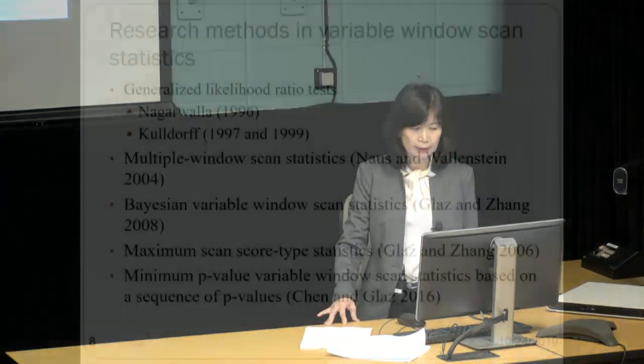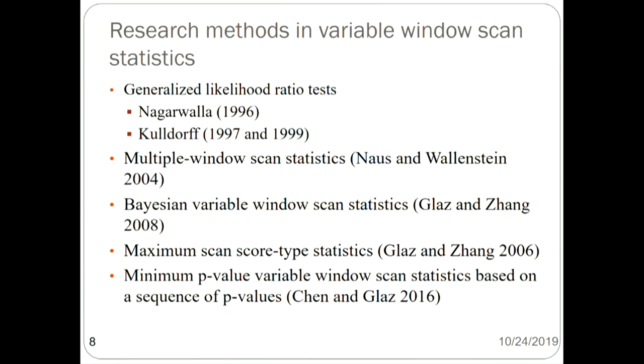One is the cutoff type scan statistic, then the minimum p-value variable window scan statistic, and the third type is the Bayesian type of scan statistic. We will use those three types to test the randomness of clustering for the time interval and then for spatial clustering in the two-dimensional case.